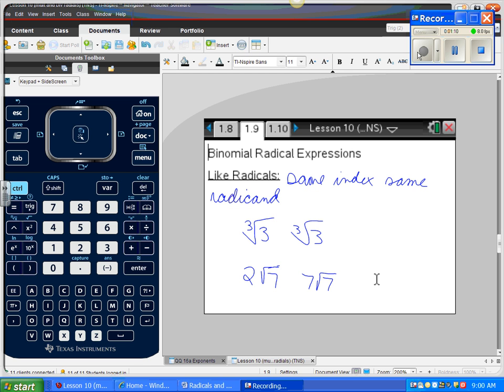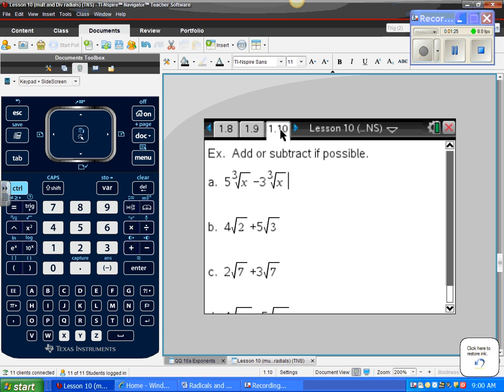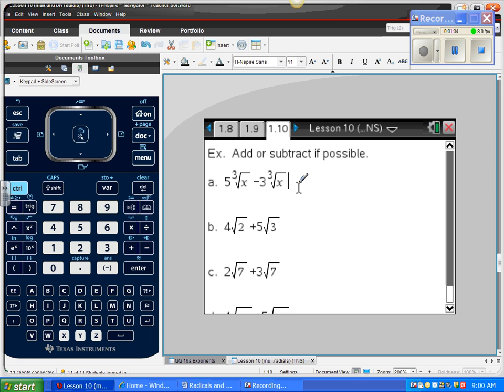Are you okay with that? Okay, so 5 cube roots of x minus 3 cube roots of x. Any ideas?